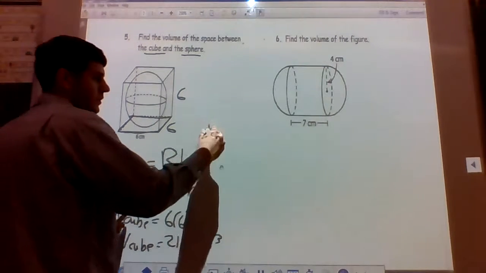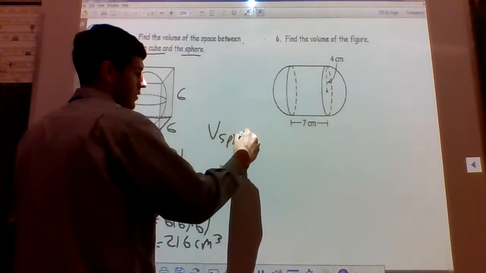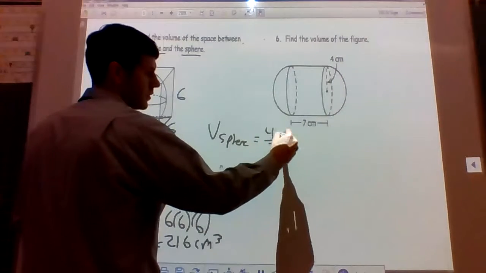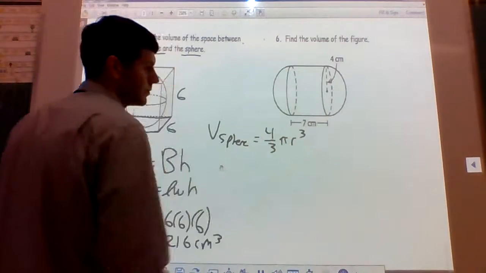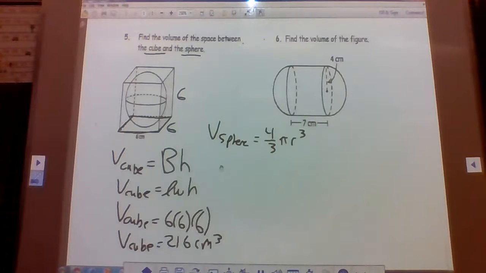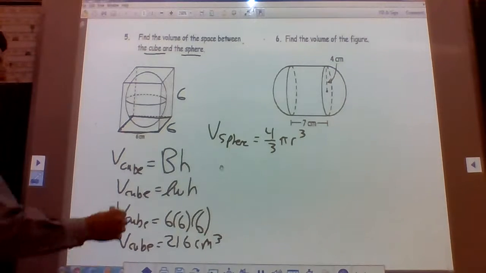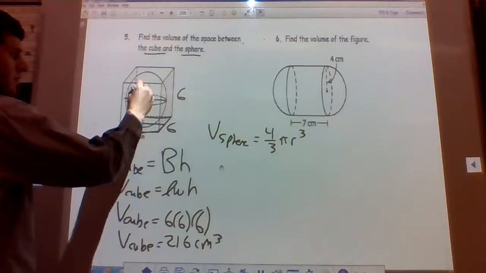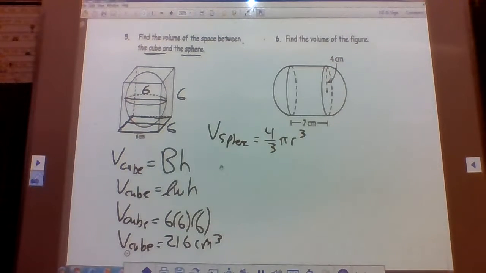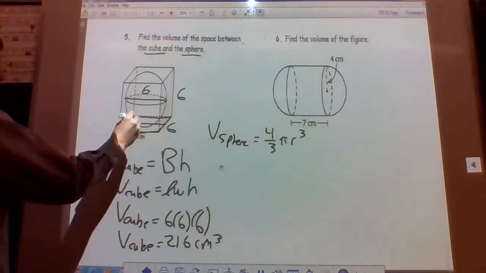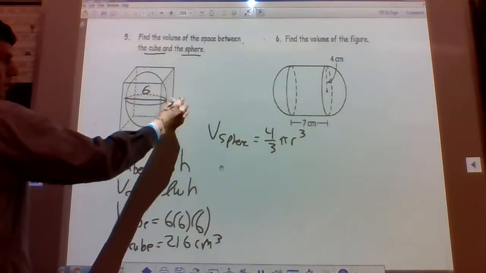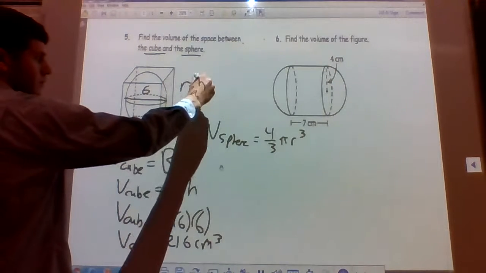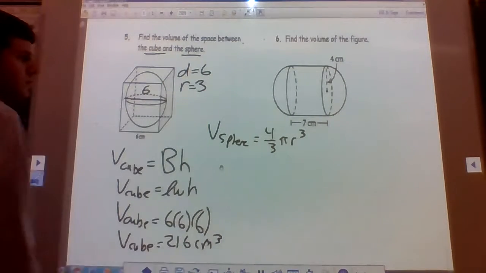All right, the volume of the sphere, okay, is 4/3 pi r cubed. So the distance across here is 6. So that's the diameter. Okay. So half the diameter is 3, so our radius is 3. Our diameter is 6, so our radius is 3.